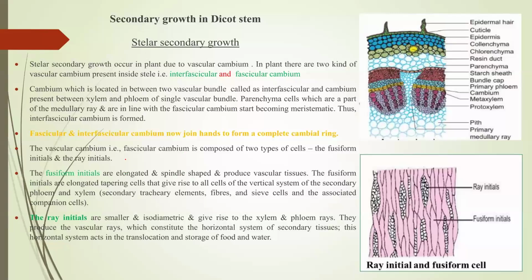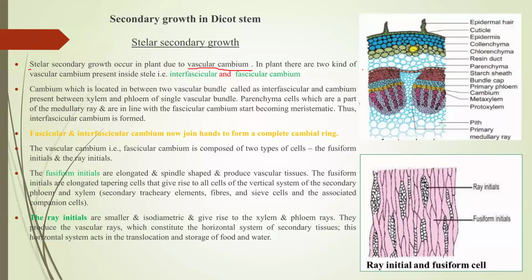Secondary growth is of two types based on position: stellar secondary growth and extrastellar. Stellar secondary growth occurs in the plant due to the vascular cambium.